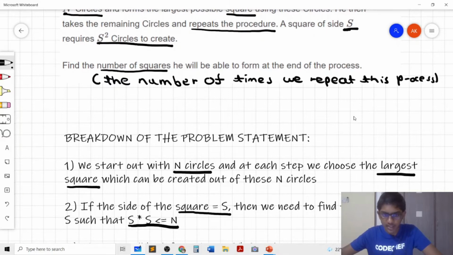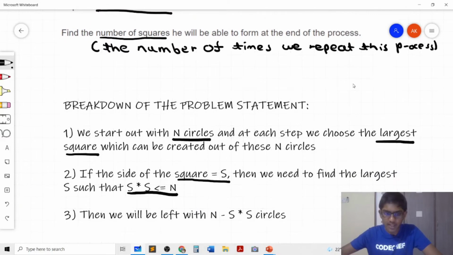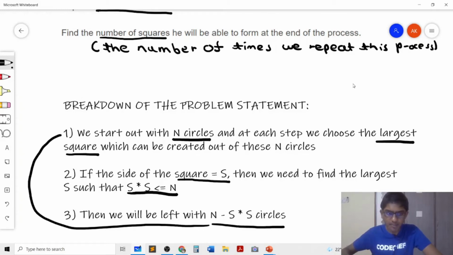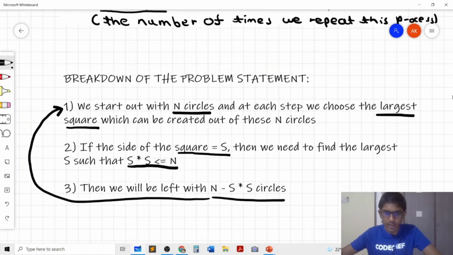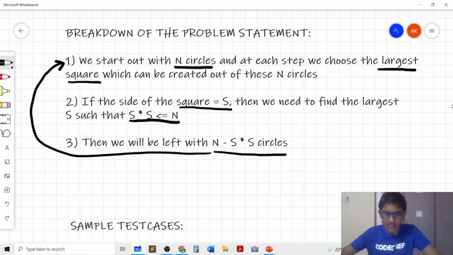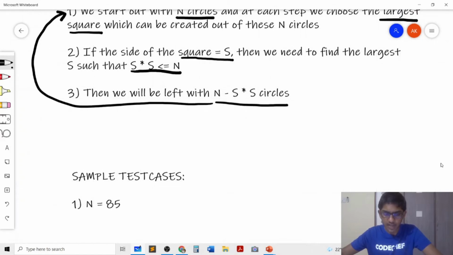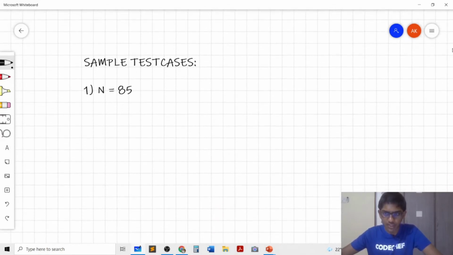Then in the third step, we have n minus s squared circles left, and we repeat the problem from the first step again. Let's better understand this by looking at the sample test cases for n is 85 and n is 114.